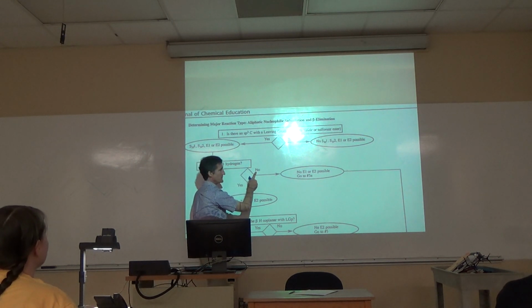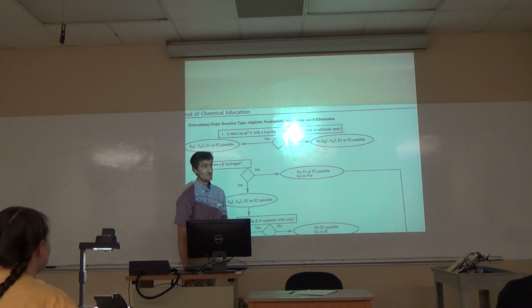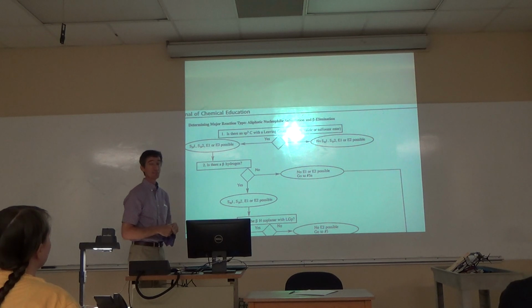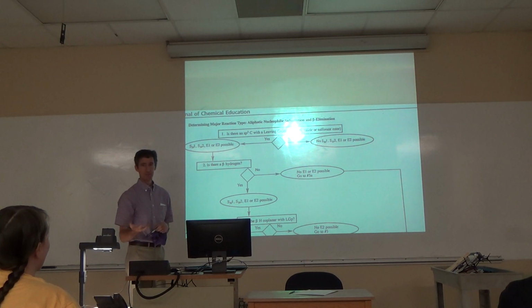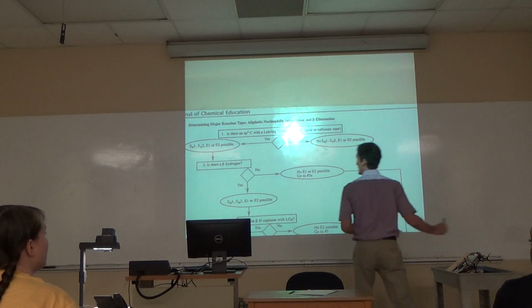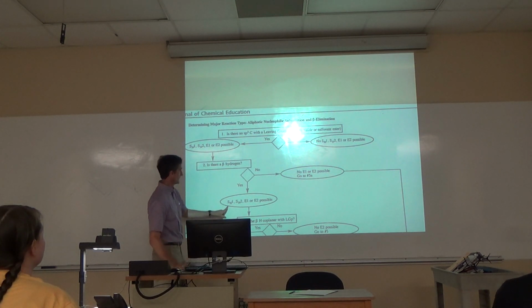Well, if there's no beta hydrogen, guess what? You ain't doing an elimination. Right? See, that's something where you already knew that, but you didn't know you knew that. Right? Well, if you got a beta hydrogen, well, guess what? All 4 mechanisms are still possible.